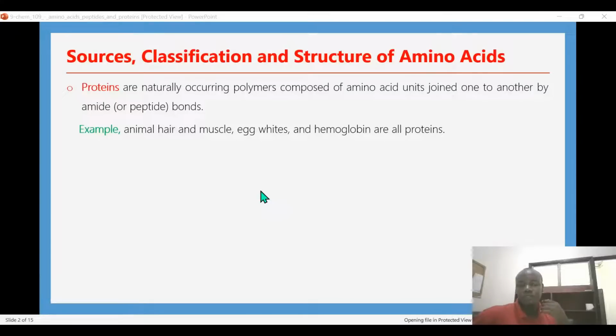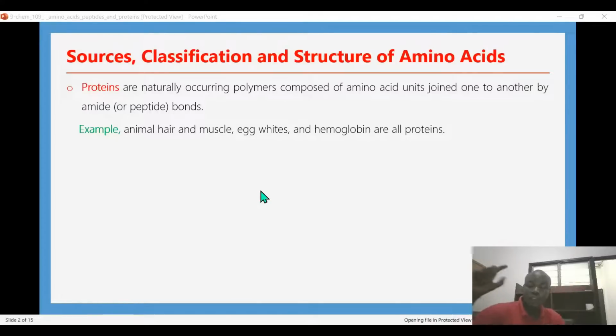And of course, the brain. Why is the brain responsible for our cognitive function? It's because of the neurotransmitters that are found there. And the neurotransmitters that are found in the brain are either peptides, proteins, or amino acids.